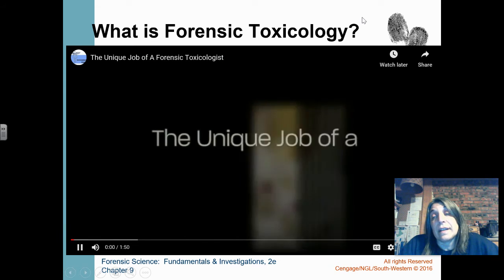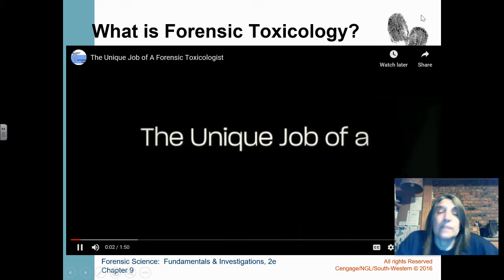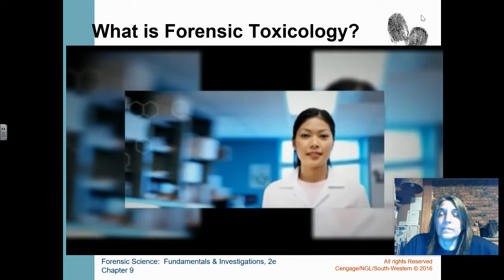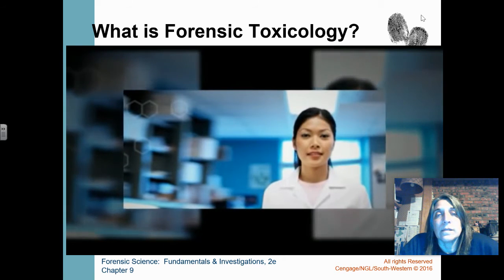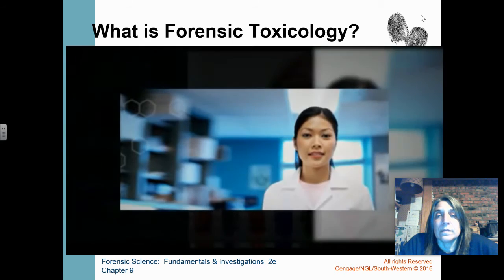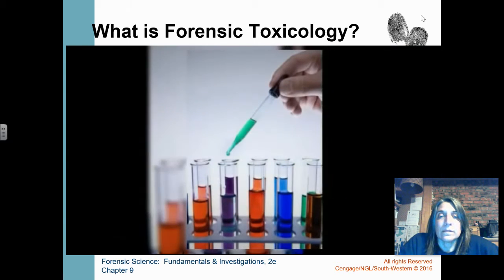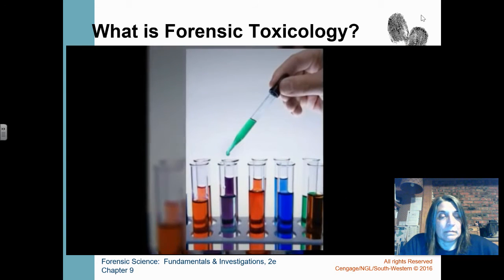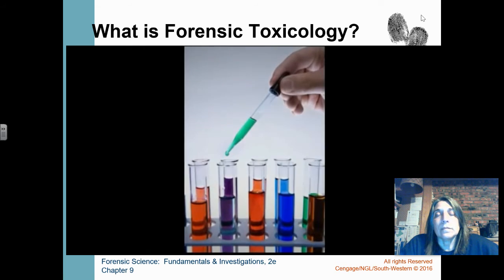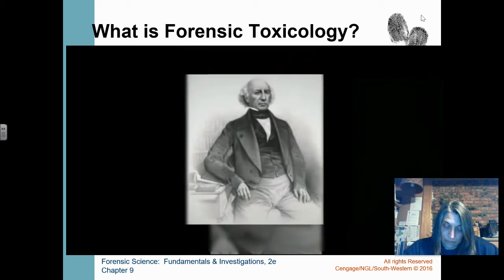The unique job of a forensic toxicologist. A forensic toxicologist is an expert in toxicology. The toxicologist gives expert trial testimony as to cause of death or injury, following a meticulous examination. Many toxicologists are part of the crime scene investigative team, working in a lab run by law enforcement. History of forensic toxicology.